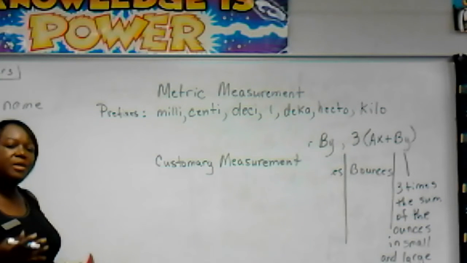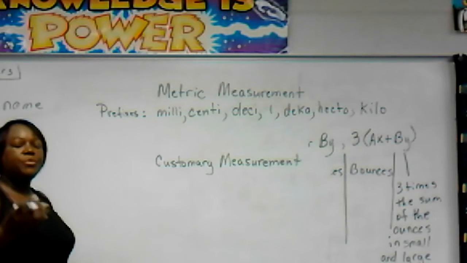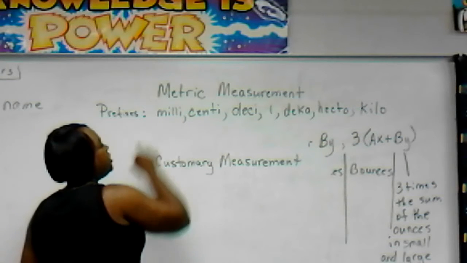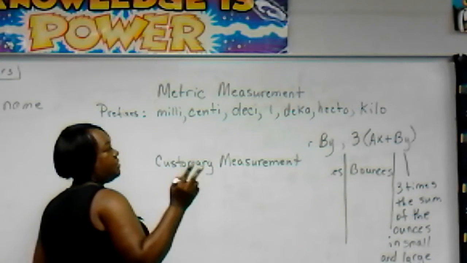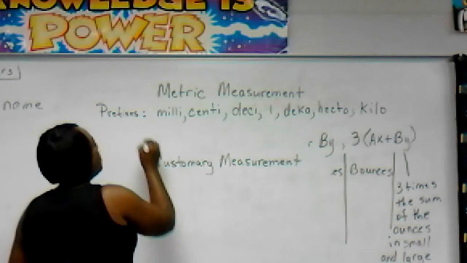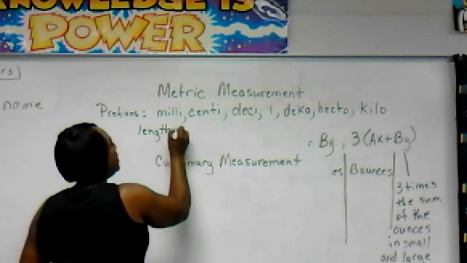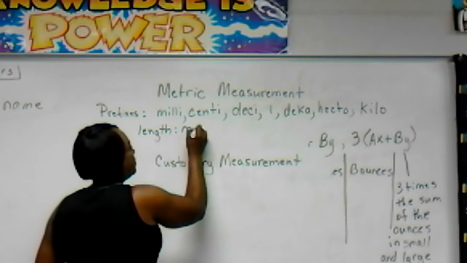And what makes metric measurement a little bit simpler than the customary measures is that with these prefixes, we can put 3 different endings. When we're talking about length, then we have the meter.